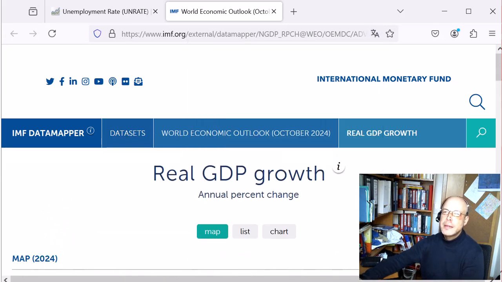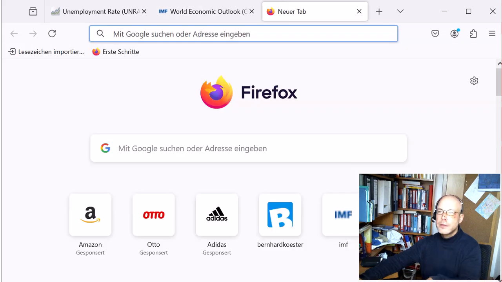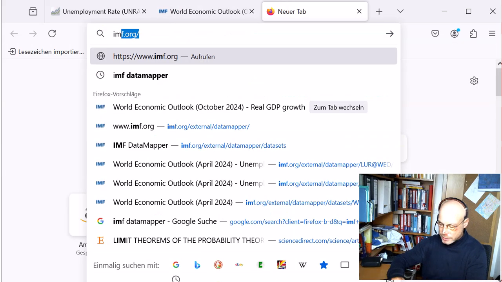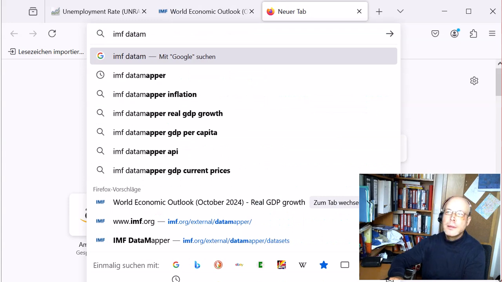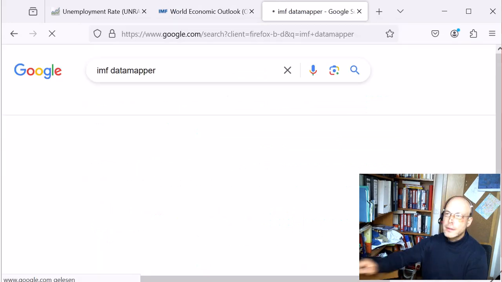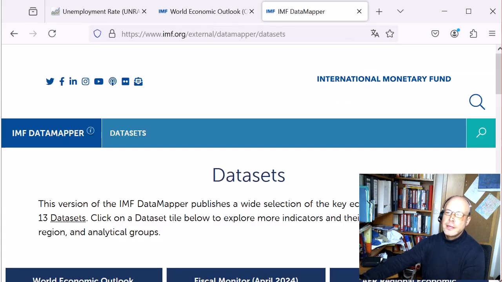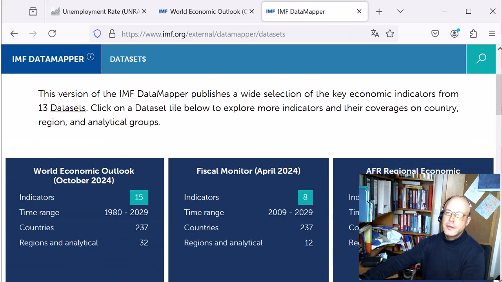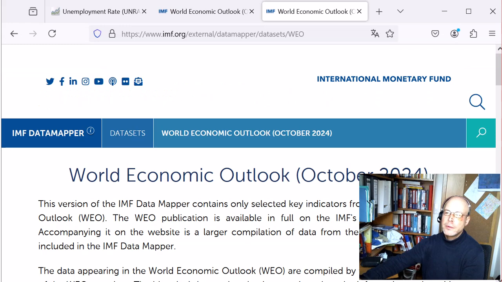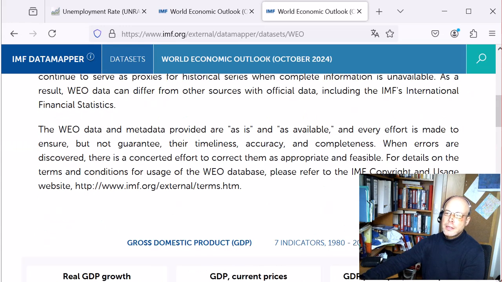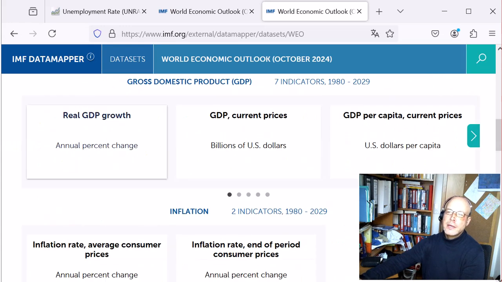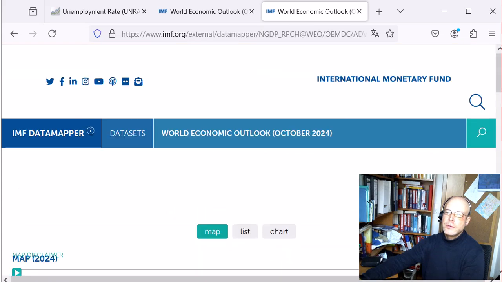So IMF data mapper, or if you just go to IMF data mapper in Google, then you will directly find this link. And here you find World Economic Outlook data and data sets. Then you choose World Economic Outlook data, and there you find real GDP growth.